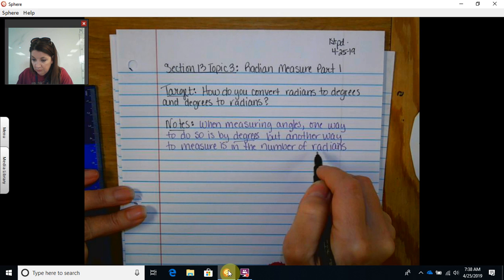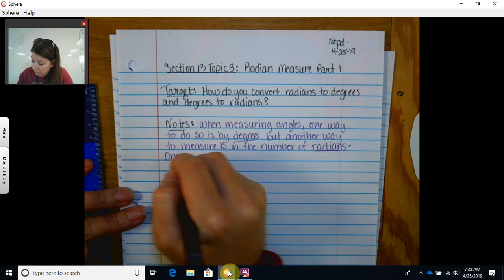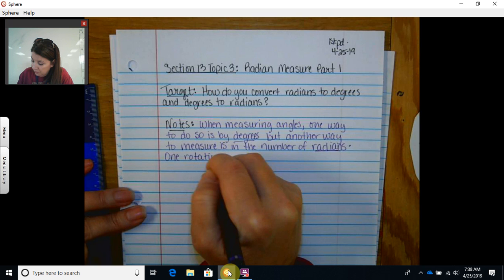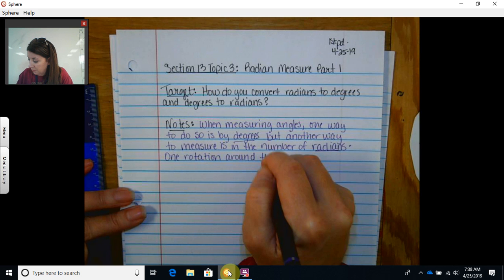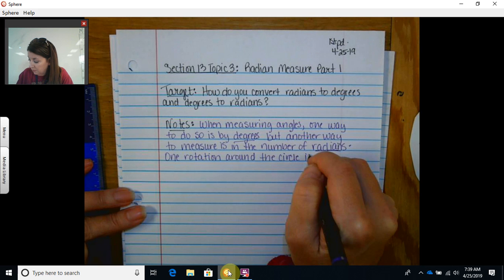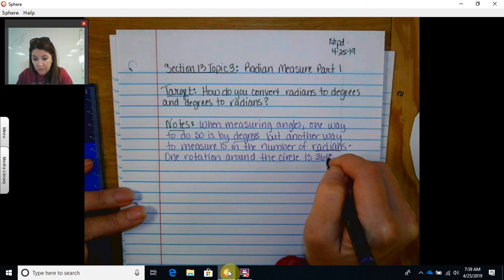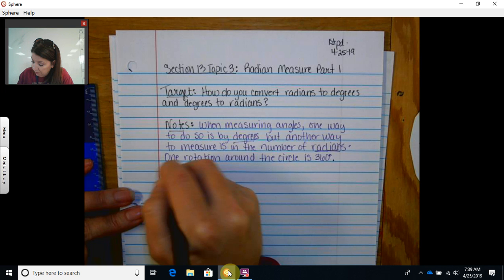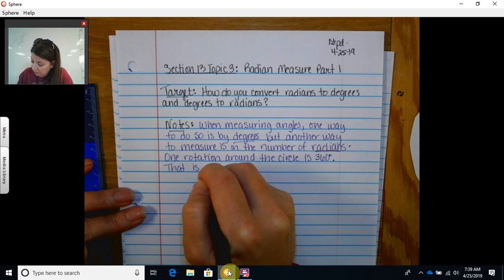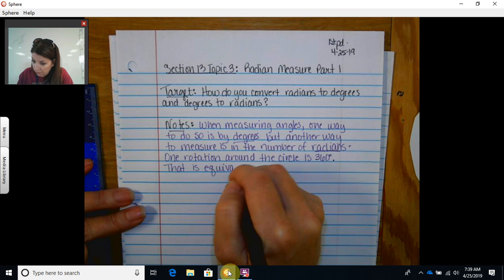One rotation around the circle is 360 degrees. That is equivalent to 2 pi radians.